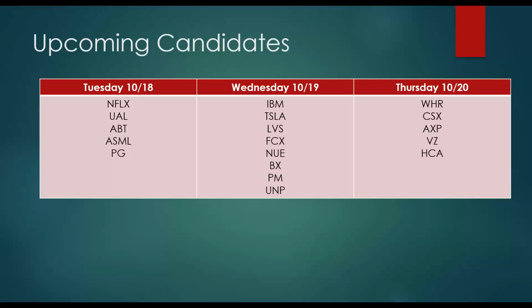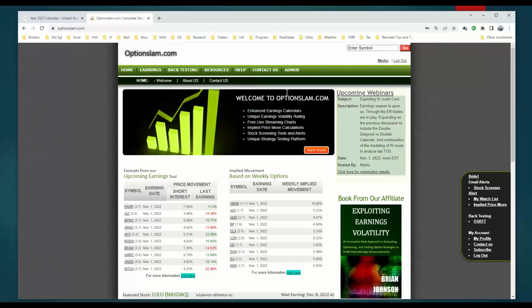optionslam.com's backtesting tool. If you're an insider member of optionslam.com, you not only have access to the historical archived webinars found under the resources tab, but also to our OSBTT, the OptionSlam backtesting tool. Now, if you're not an insider member, there's a lot of great free information available to you, but not everything is available unless you're an insider.